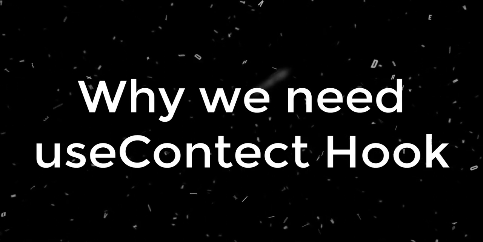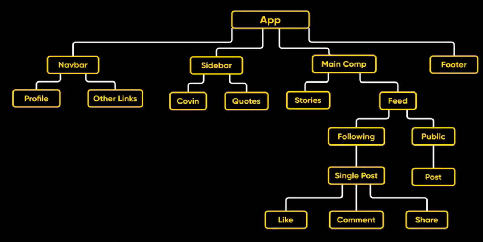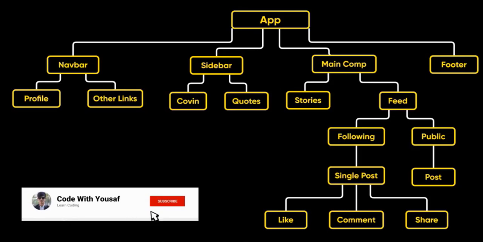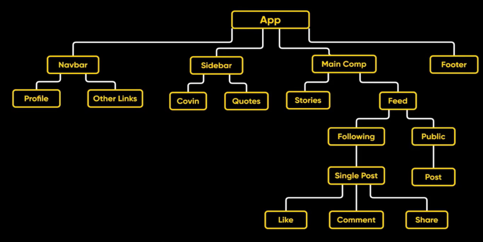Why do we need the useContext hook? The reason is in this image, where you see a hierarchy of components. The parent is the app, then we have its children, and so on down the hierarchy. For example, the data is in the app component, and you want to access it in a single post component, which is down in the last step.